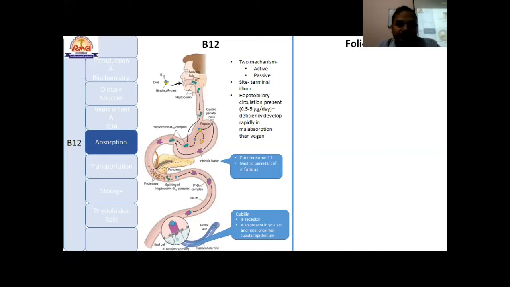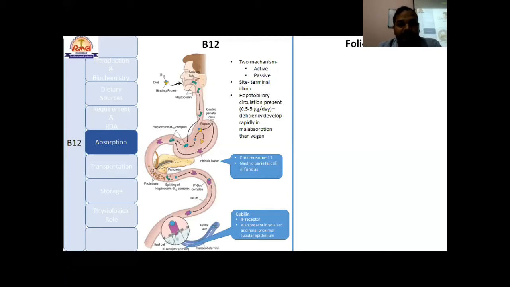So something about the intrinsic factor. Chromosome 11 contains the gene for intrinsic factor, just for information. If you are able to remember, it's okay. If you are not able to remember, no problem. But that it is secreted from the parietal cell of the stomach must be remembered.